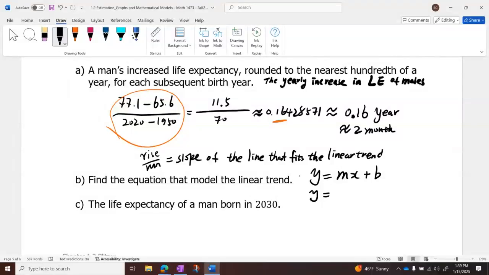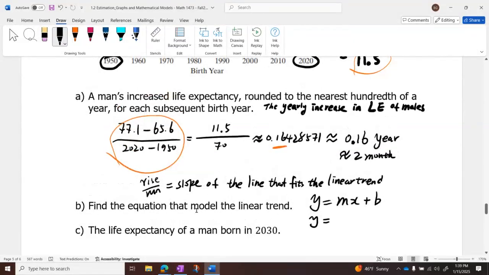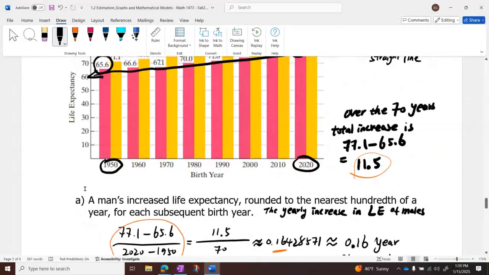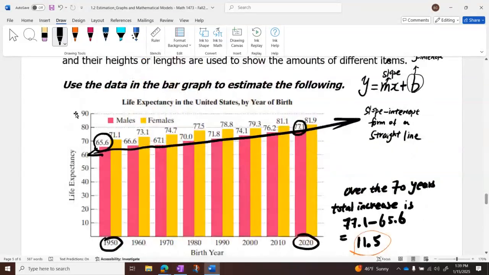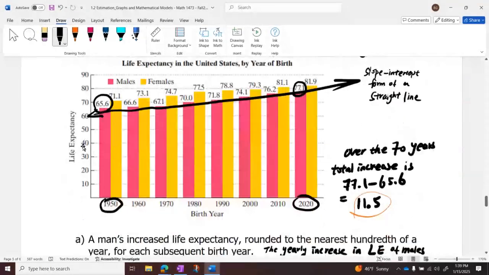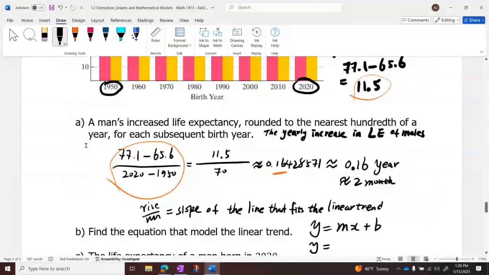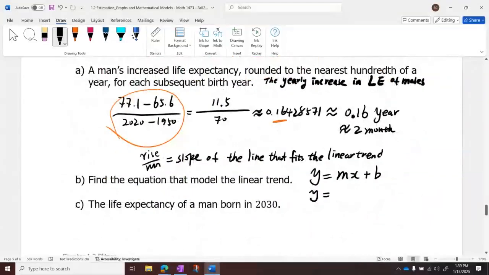Specifically for this example, it is the yearly increase in the life expectancy. Yearly increase in y. Y always represents the vertical scale. So m here is just the answer you got from part A, which is 0.16.